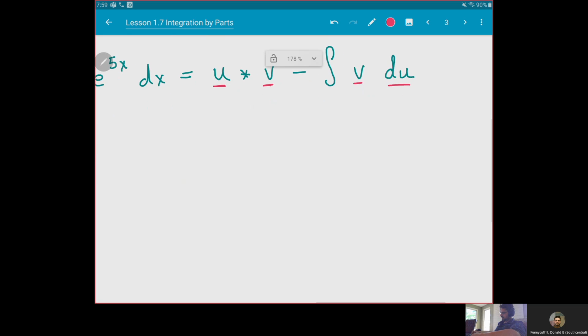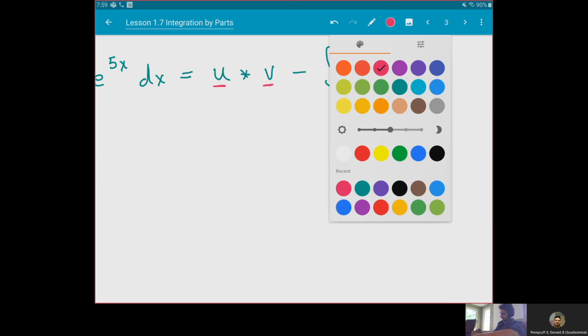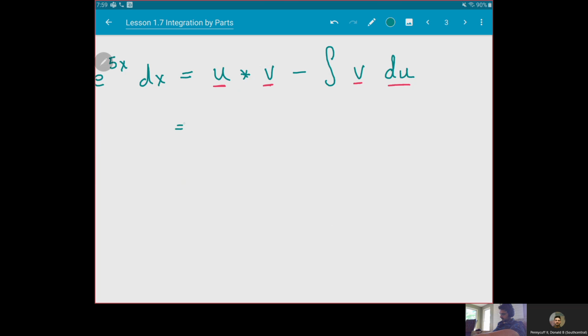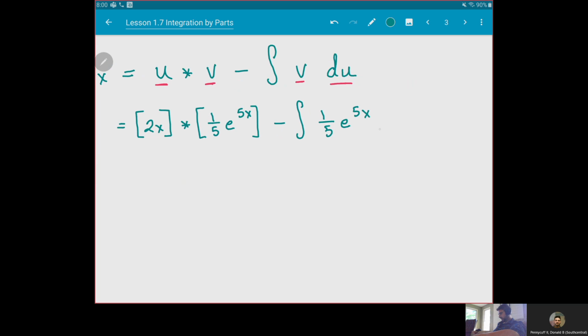So if I look at my stuff, u is equal to 2x, v is equal to 1/5 e to the 5x, and then du is equal to a 2 dx.